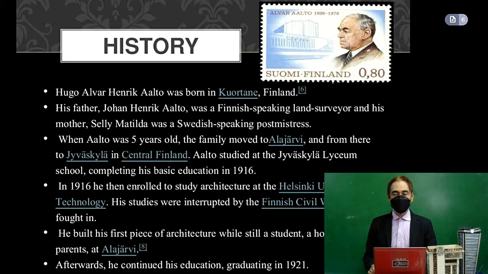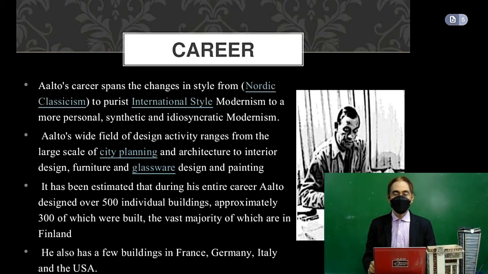He built his first piece of architecture while still a student, a house for his parents at Alajärvi. Afterwards, he continued his education, graduating in 1921. Aalto's career spans the changes in style from Nordic classicism to purist international style.